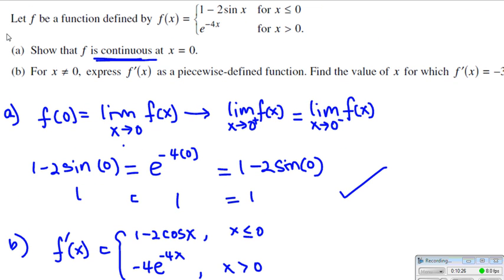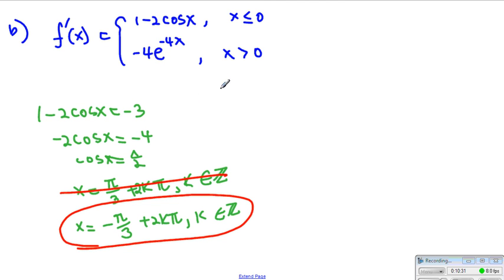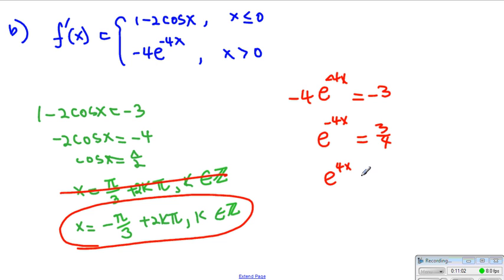Now, in this particular case, we have to see if we can also get the upper one when x is positive. For that to happen, negative 4 e to the negative 4x has to be equal to negative 3. In this case, e to the negative 4x will be equal to 3/4. Now, to get rid of the negative, e to the 4x becomes the reciprocal, which is 4/3.